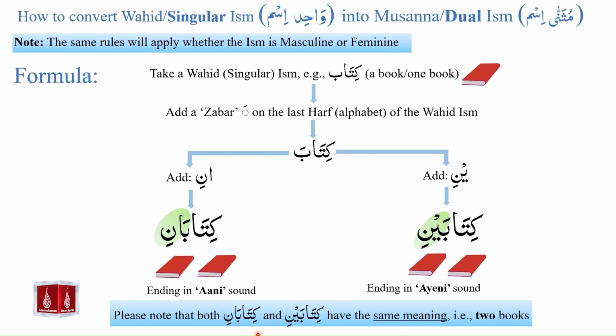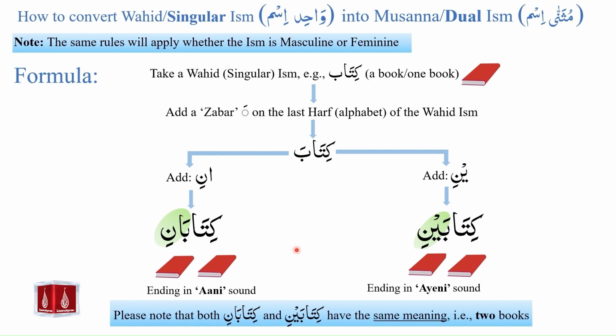Please note that both kitabani and kitabaini have the same meaning, that is, two books. So even though these words sound different, they have the same meaning. We will understand this further when we study I'rab in the upcoming sections, inshallah.